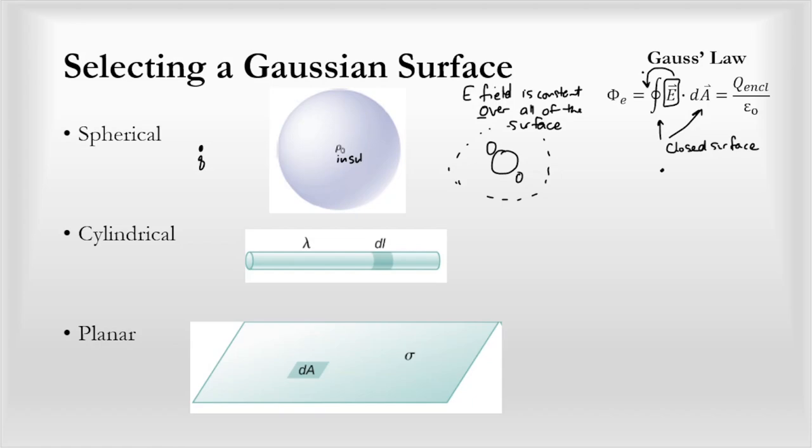It'll be a really easy integral to deal with, and we should be able to get some answers pretty straightforwardly that way. So there's a spherical symmetry. You're looking for something that has a radial electric field, and at some distance r, the electric field is constant for all values of r.